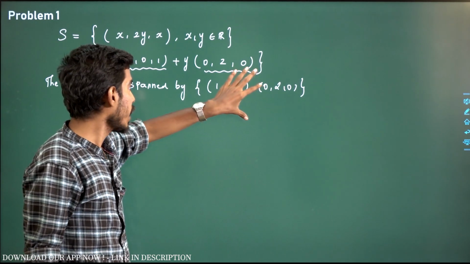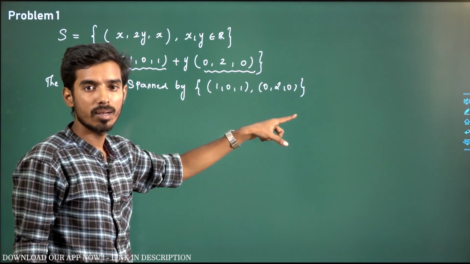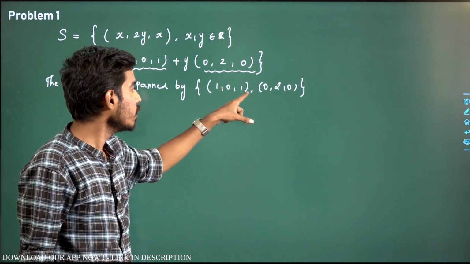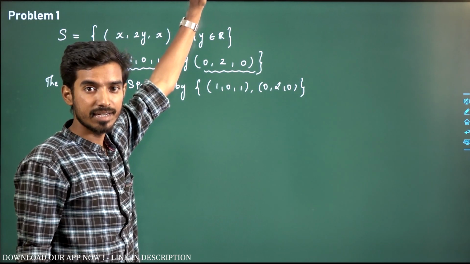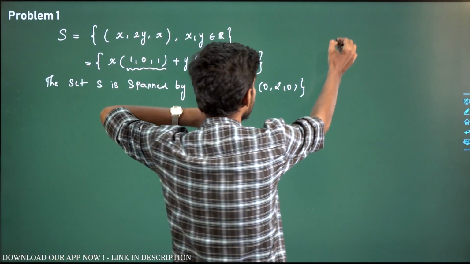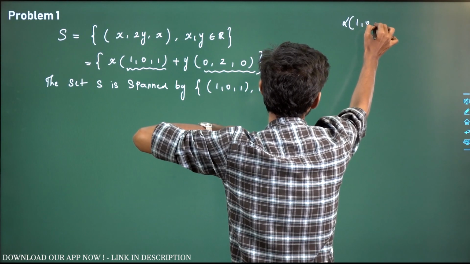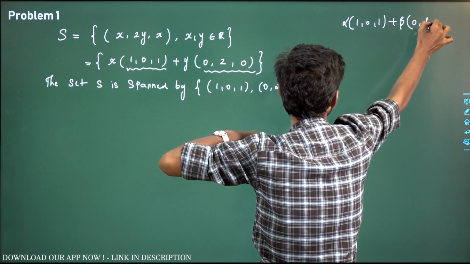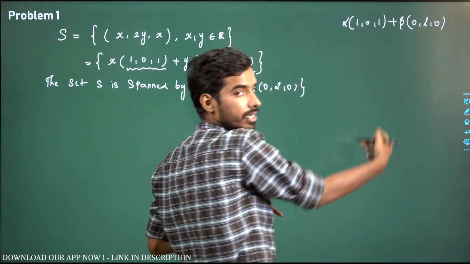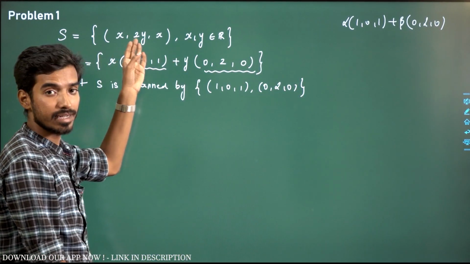How? I just linearly combine them: alpha times (1, 0, 1) plus beta times (0, 2, 0). If I vary alpha and beta, I can get the entire set S.